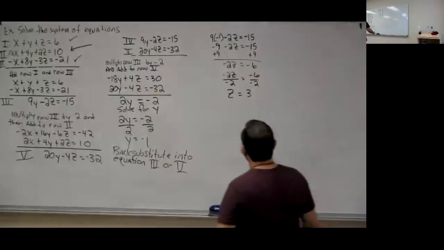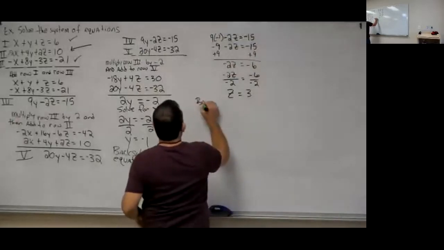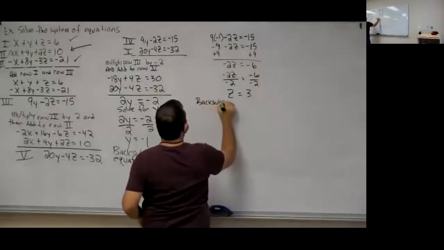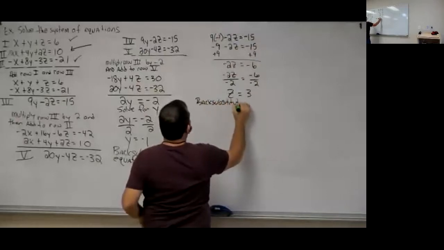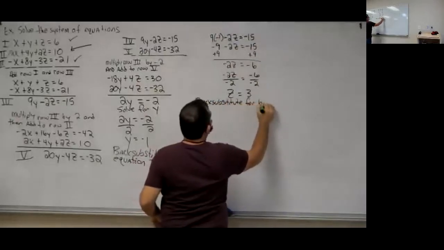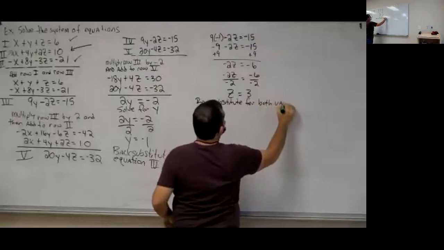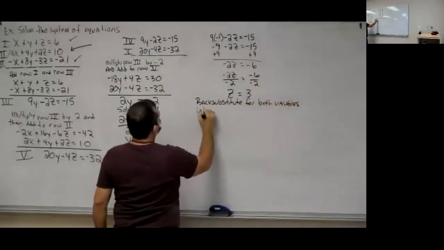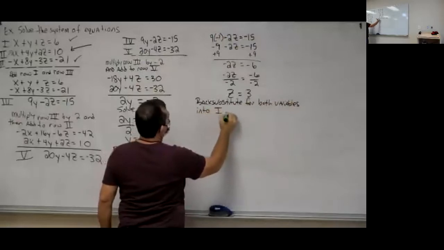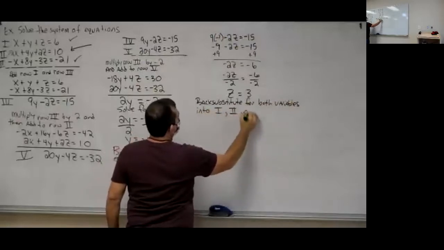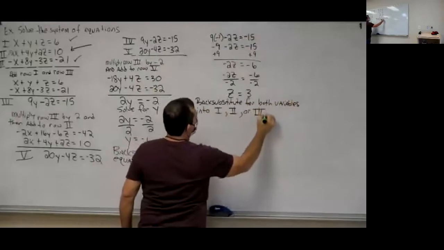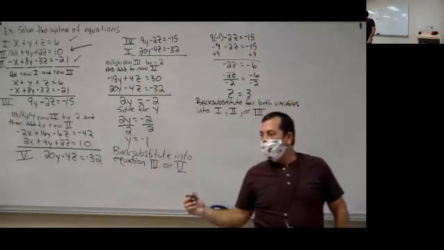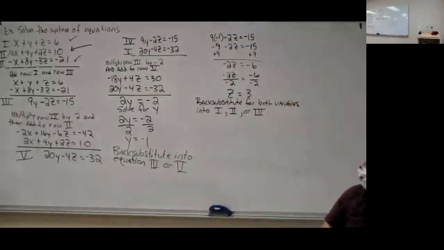So now back substitute for both variables into 1, 2, or 3. So you got to go back to the 3 original equations.